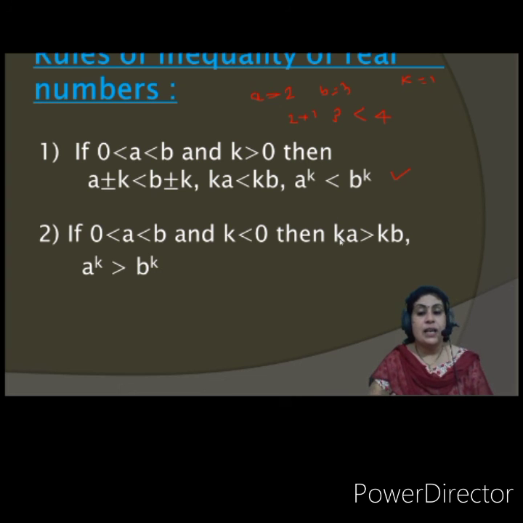Now minus 1 into 2 gives you minus 2, which is greater than minus 3. Minus 2 is greater than minus 3? Yes. Same way here, you raise it: 2 raised to minus 1 and 3 raised to minus 1. 2 raised to minus 1 will be greater than 3 raised to minus 1? Yes. So these are the properties of inequality, the rules of inequality of real numbers.